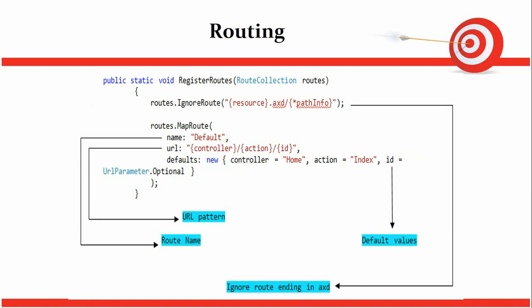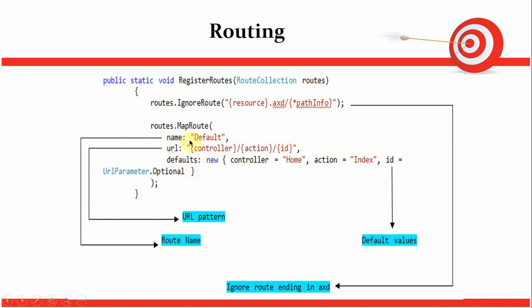It's a simple method called RegisterRoutes. It ignores a few things. Then you see the MapRoute method. routes.MapRoute, name is Default, URL is controller/action/specific ID. I've just marked what these things are. This is the URL pattern: your controller name, what action you want to perform in the controller, and if you have a specific ID. What are the other things?